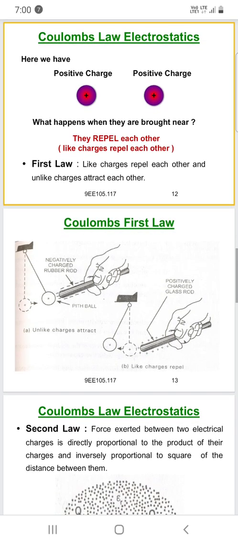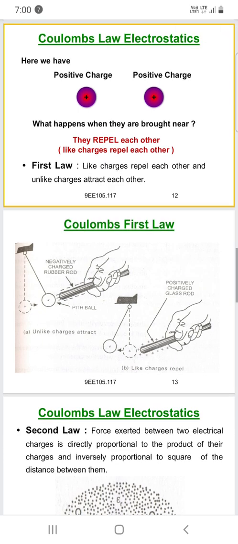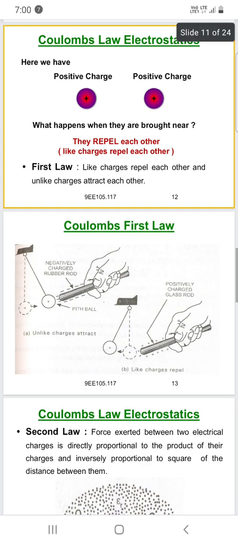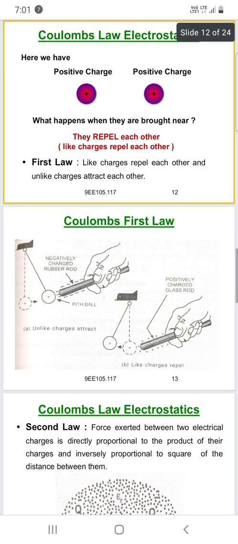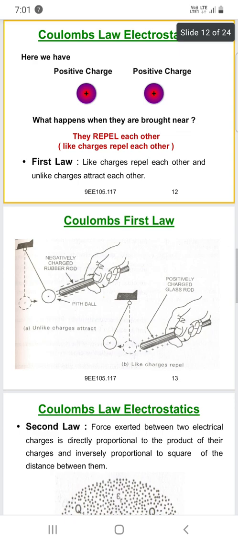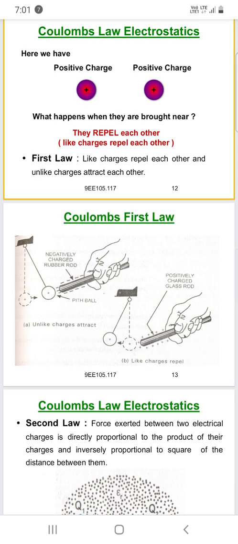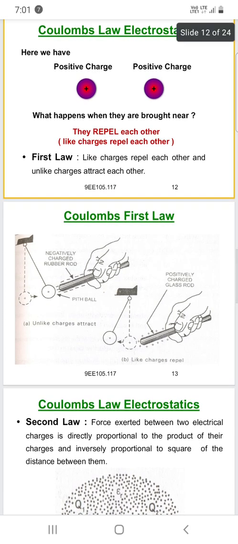So the like charges repel each other. Like charges means two plus charges, or two minus charges. Plus means positive charges, and minus means negative charges. If two negative charges are brought near to each other, they repel.